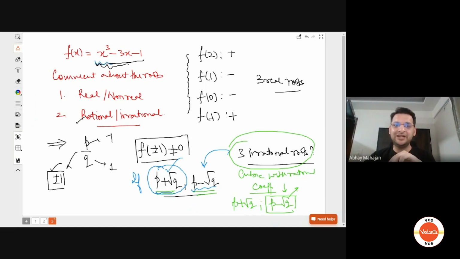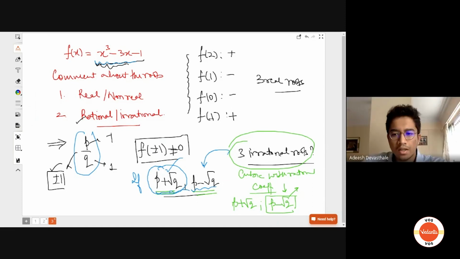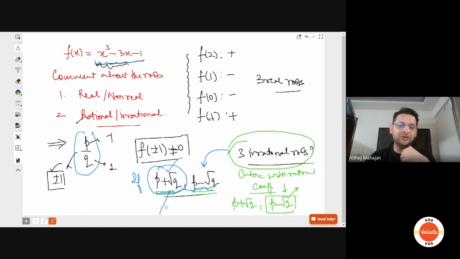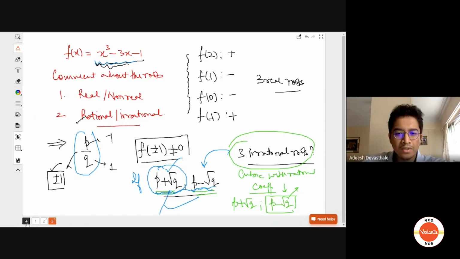This is going to definitely have three irrational roots because the rational root can only be 1 and -1, which are clearly not the roots. So there will be three irrational roots, but those irrational roots will not be of the form p plus root q. Okay, so if one of the roots is p plus root q, the other has to be p minus root q if the coefficients are rational. They are not of the form p plus root q and p minus root q, obviously.